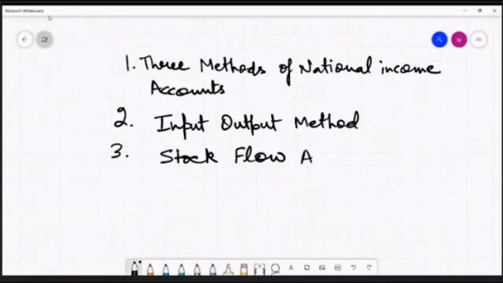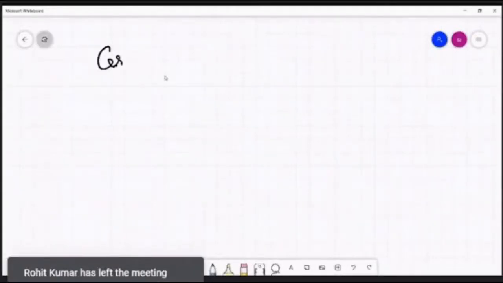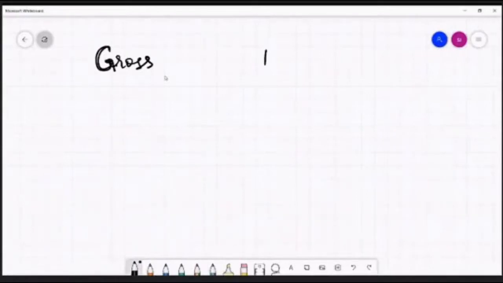Okay, so generally, when we are talking about calculation or counting of numbers, there is always a concept like this. On one side, you have a gross value. On the other side, you have a net value. Okay.